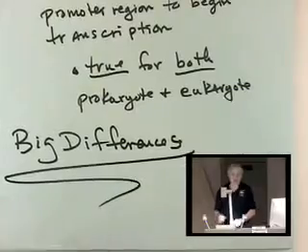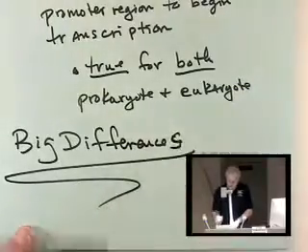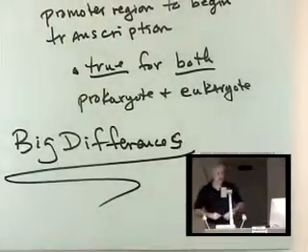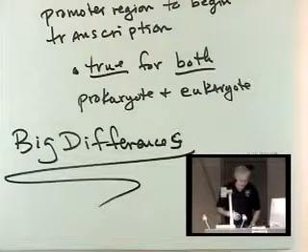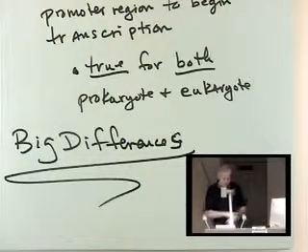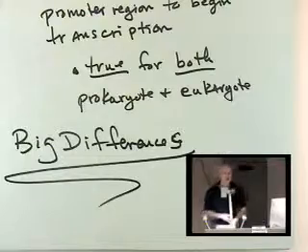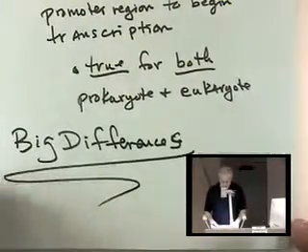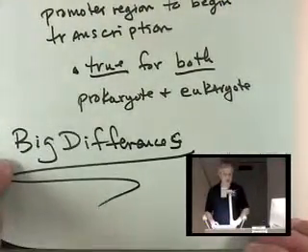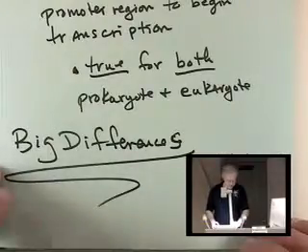So we know structurally there's distinctions between prokaryotes and eukaryotes, and that contributes to the differences in how things work for protein synthesis overall between the two types of organisms.